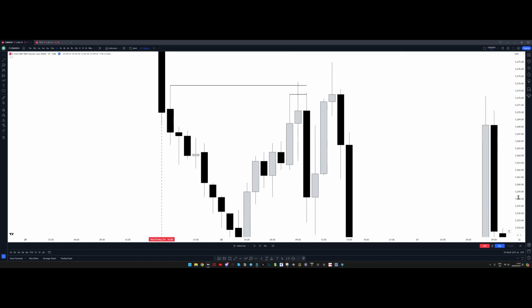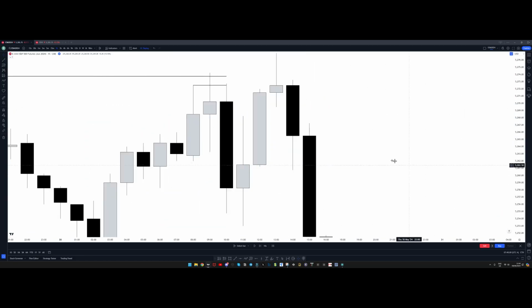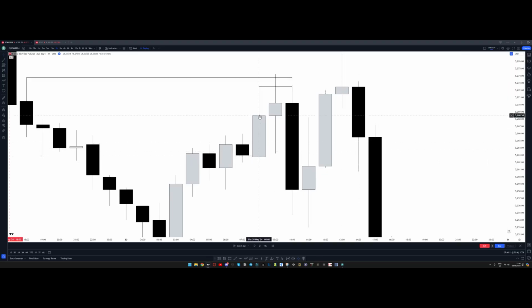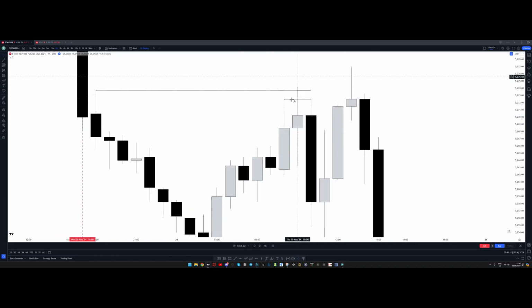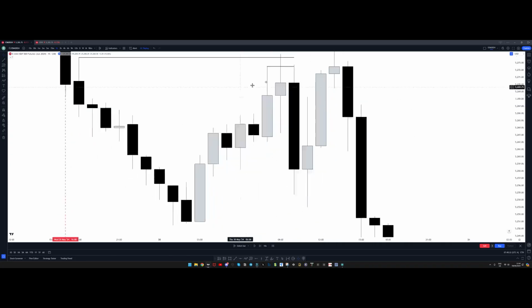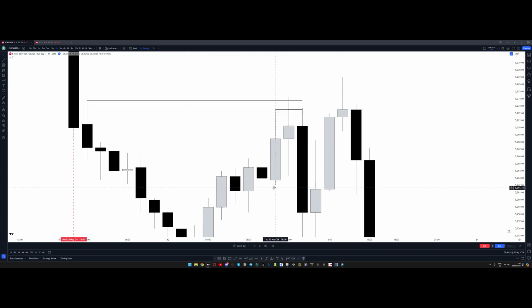Look, I'm going to zoom right in. Accumulation, manipulation, distribution, high probability reversal, at least back into the range, if not taking out the last low. Right?